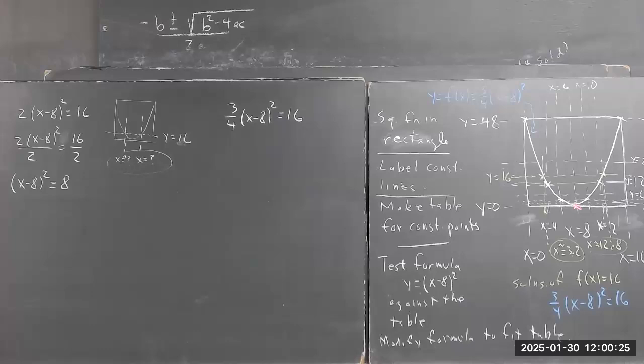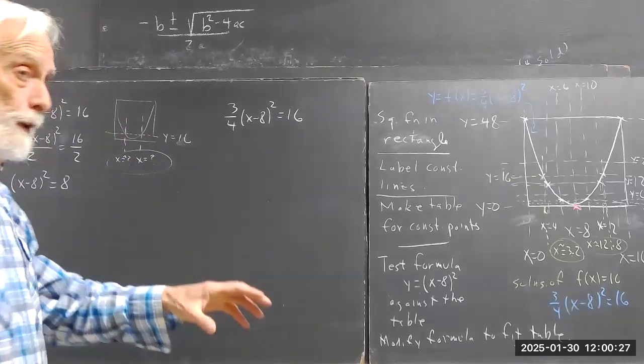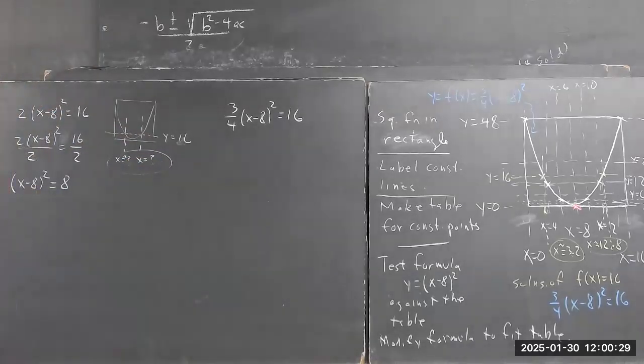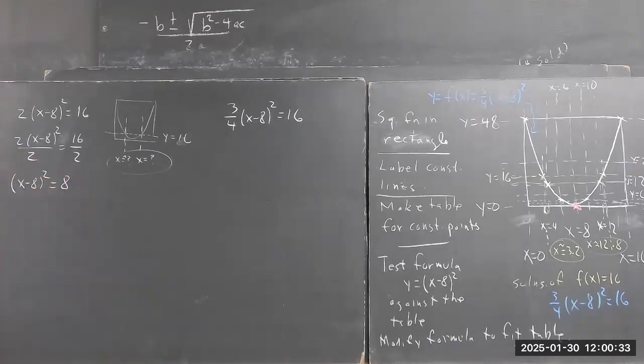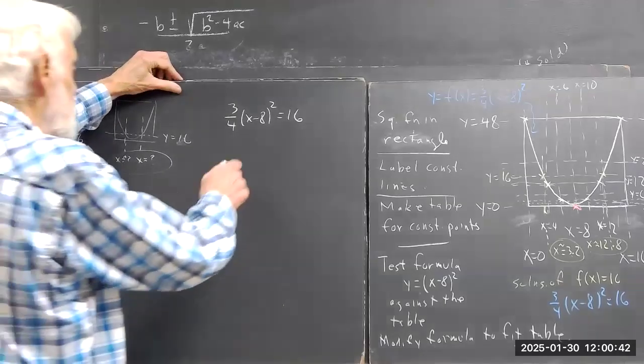Okay. Now, there are 2 correct things I see people doing. One is imitate what we did here. We have a 2 up front here. Well, we divide by 2. It divides out, right?